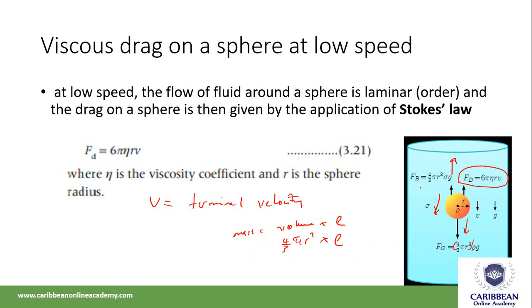Similarly, whenever we're dealing with upthrust force, we can say that the upthrust force or the buoyancy force is equal to the weight of the fluid displaced. Good? Now, in this event, the volume of that is equal to 4 divided by 3 pi r cubed.